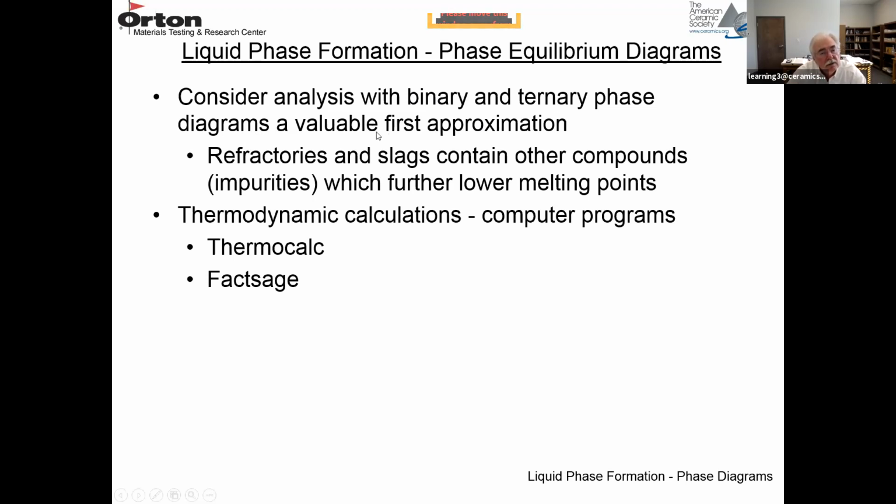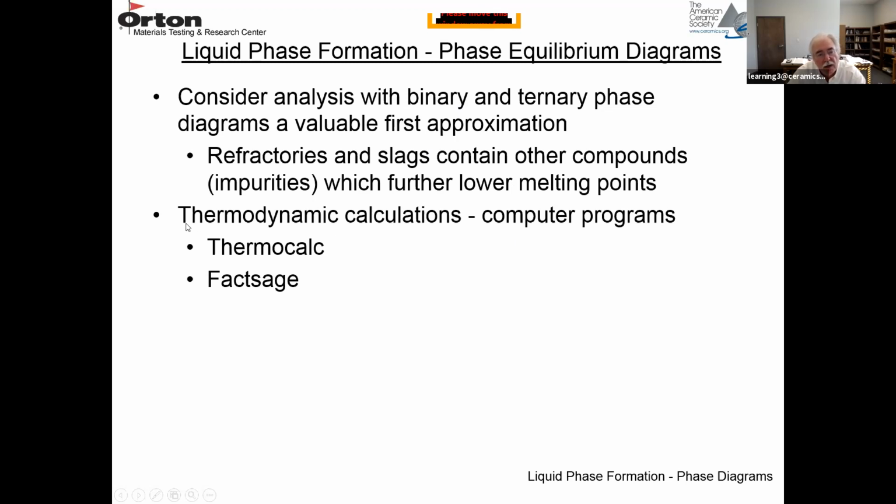So slags and refractories are much more complex than that. So they're only valuable as a first approximation. Refractories and slags contain other compounds and impurities, and those usually lower the melting point substantially more than you might see in a binary or ternary phase diagram.